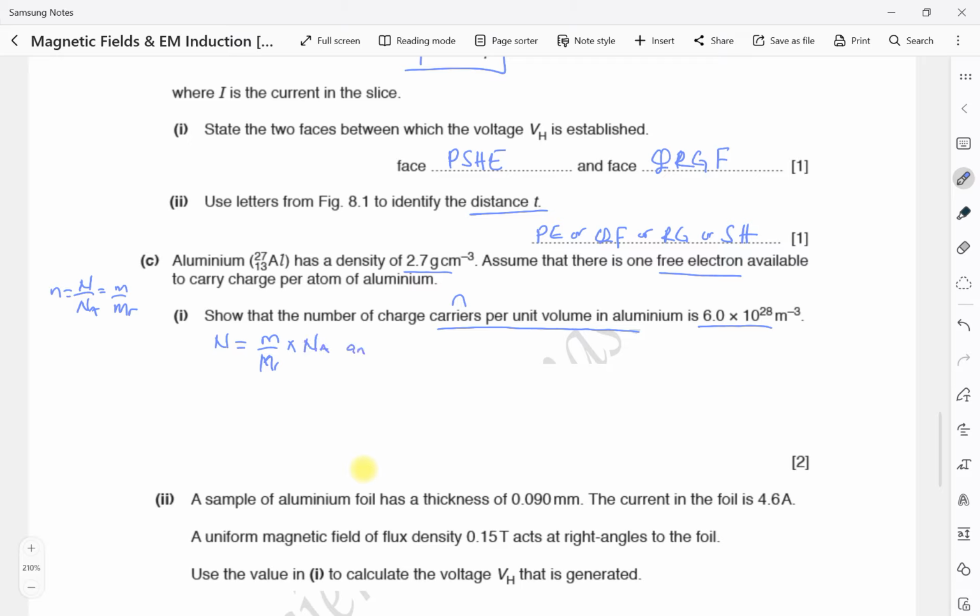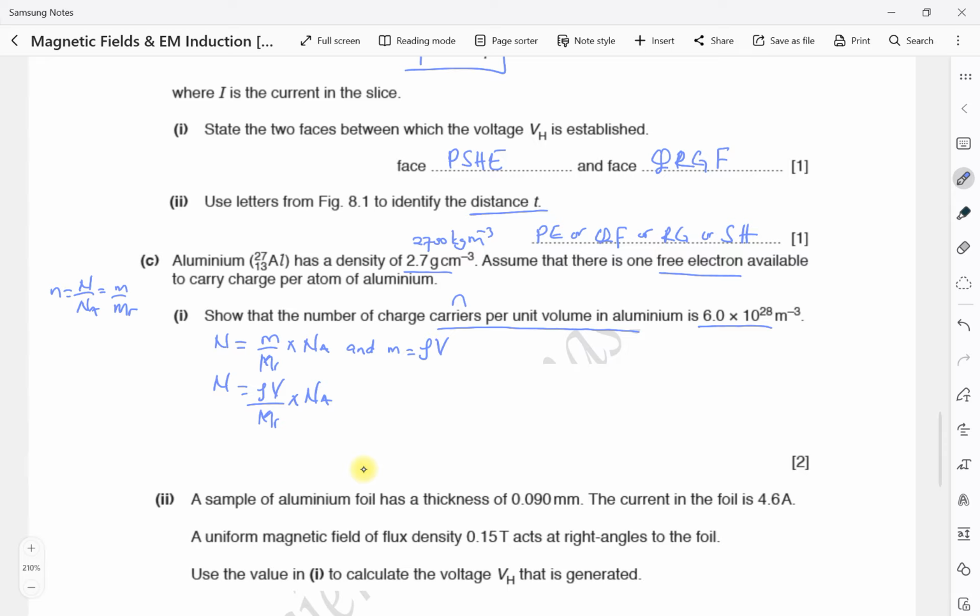And mass can also be density times volume, where the density is 2.7 grams per centimeter cubed, which is the same as 2,700 kilograms per meter cubed. So the number of particles is density times volume divided by the molar mass, then times Avogadro's number.